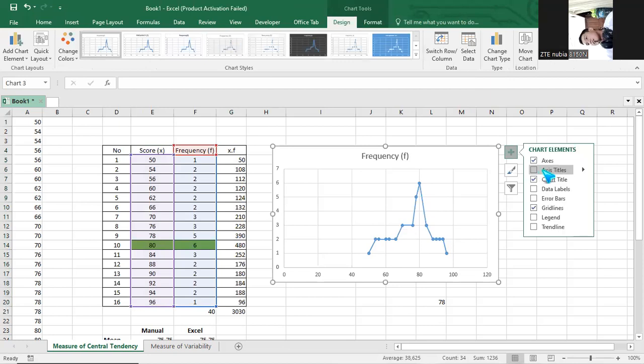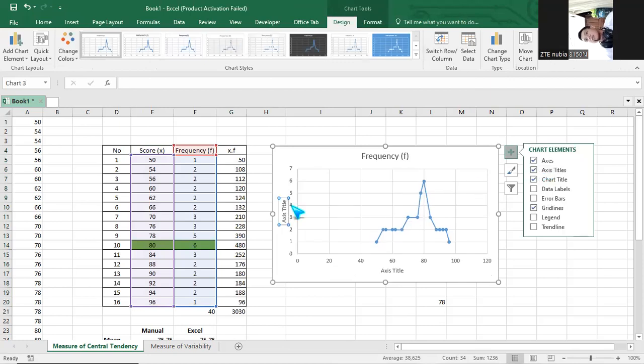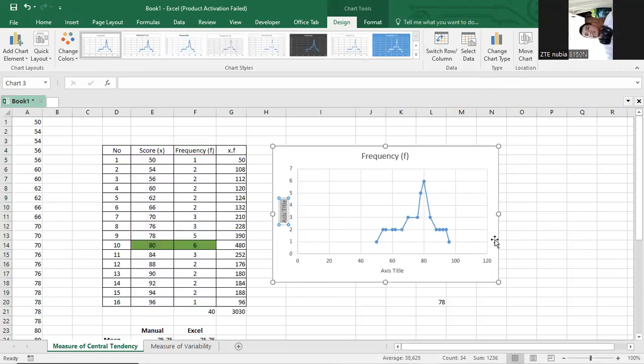And we can add axis titles to make it very clear. Let's say Frequency here, or F. And for the bottom one is the score, or X.